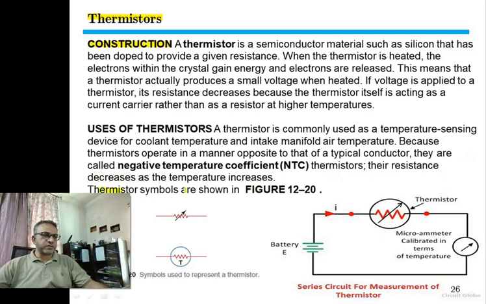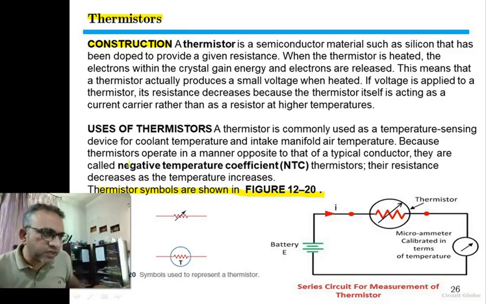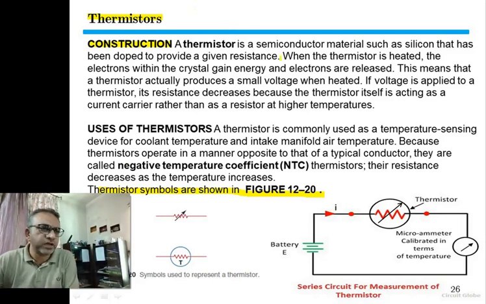The thermistor symbols are shown in figure 12.20. Here is the symbol of a thermistor. So let us discuss what the author has written, that a thermistor is a semiconductor whose purpose is to vary the resistance with the decrease or increase of temperature.